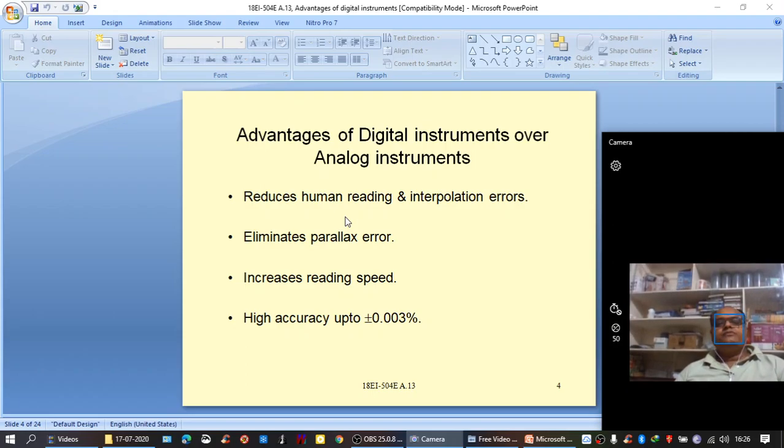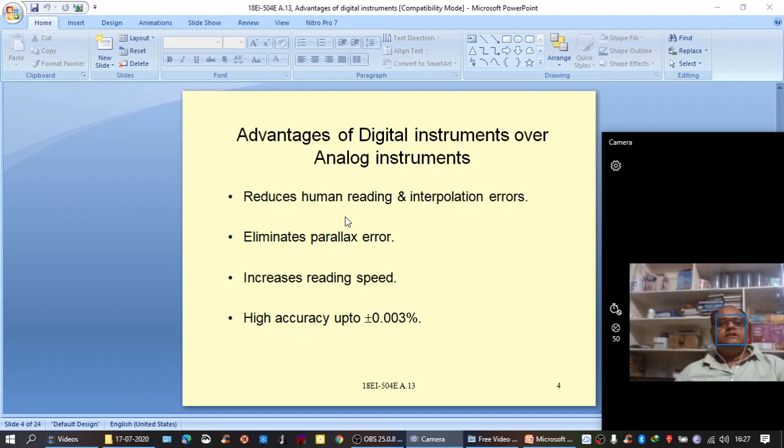Each subdivision corresponds to 0.2 milliamperes, so the sixth subdivision corresponds to 1.2 milliamperes. If the current to be measured is 1.2 milliamperes, it would indicate the sixth subdivision.